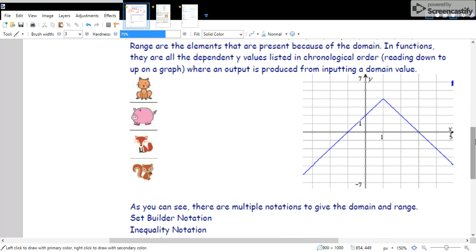So if you look at this example, we're reading from down to up. So then we have squirrel first.